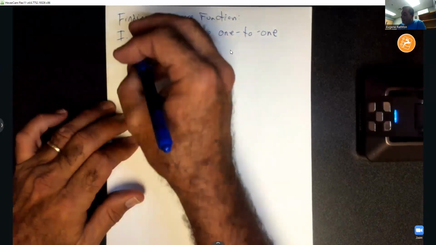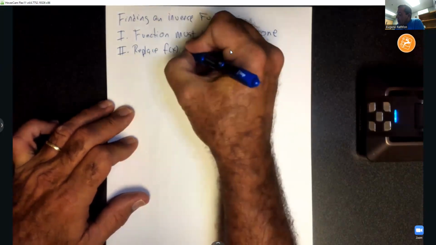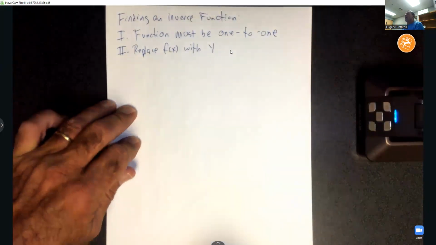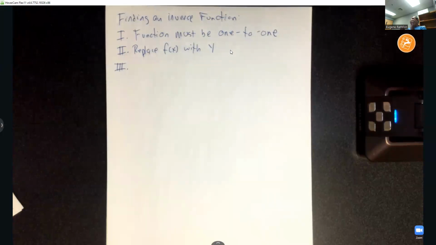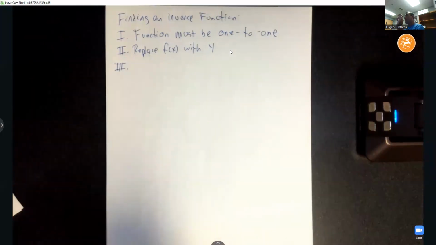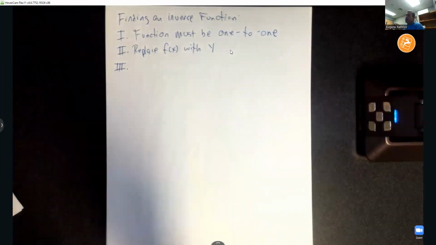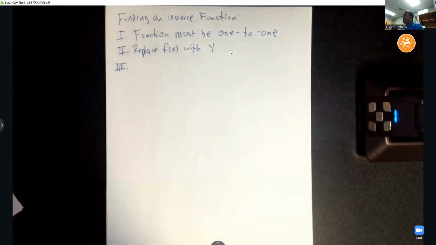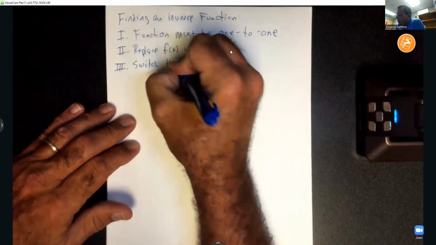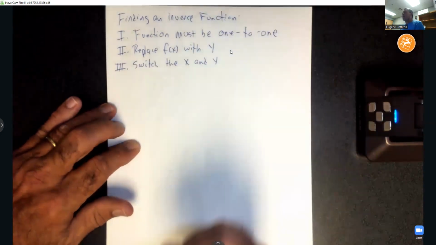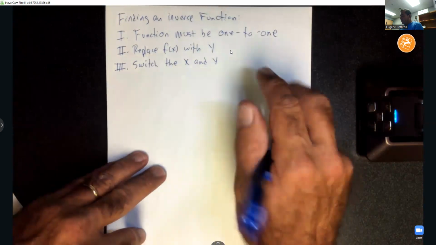So to find the inverse, we first replace f of x with y. So this will give me y equals some x, whatever. Next, remember when I did those relationships, I switched those x and y's around. So the same thing here, we switch the x and the y. So instead of saying y equals, it'll now say x equals something.